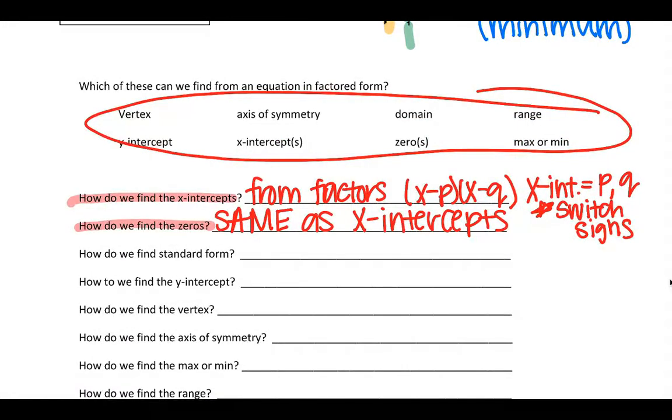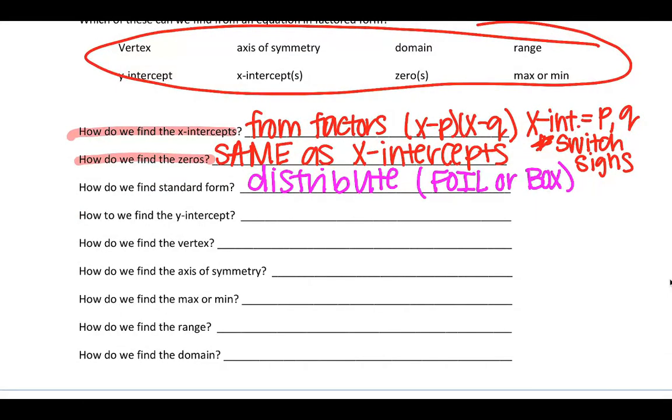And then how do we find standard form? So standard form is just going to be distributing. And what I mean by distributing, it's in those factored forms. So you can either do FOIL or box method. Either one will work.